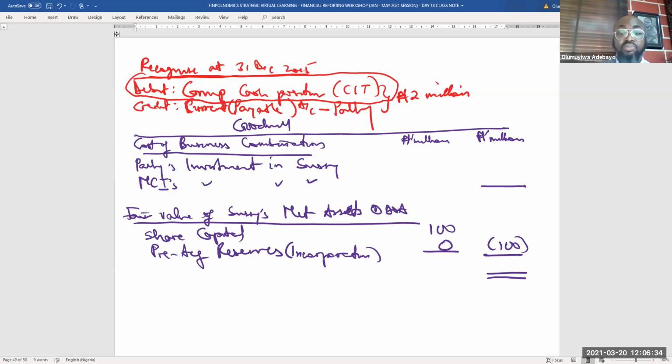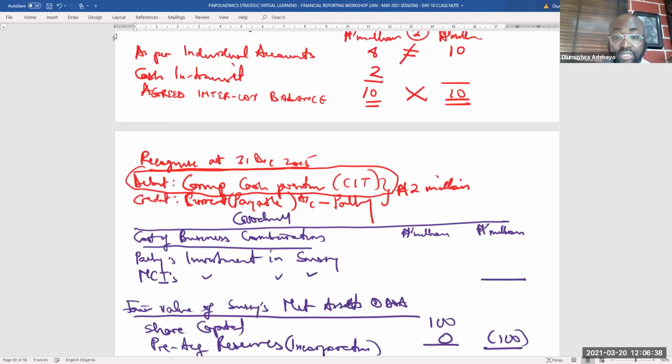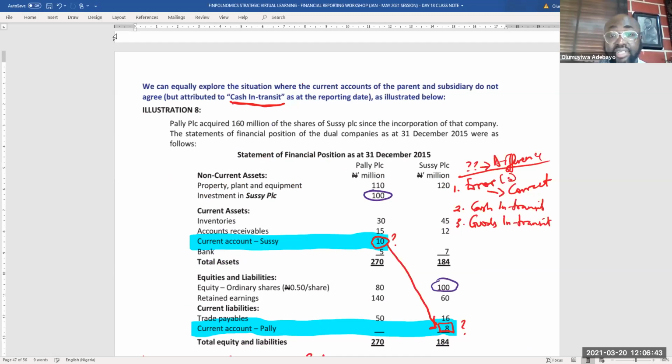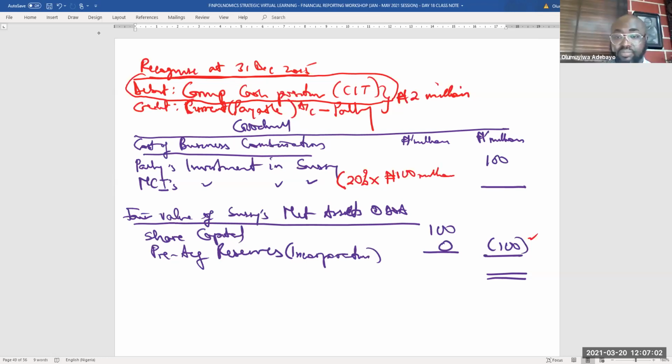What is investment in Suzy? Pali invested 100, and the amount of NCI will determine it. What's our NCI? 20% of this 100. That's 20. Therefore, our goodwill is 20.